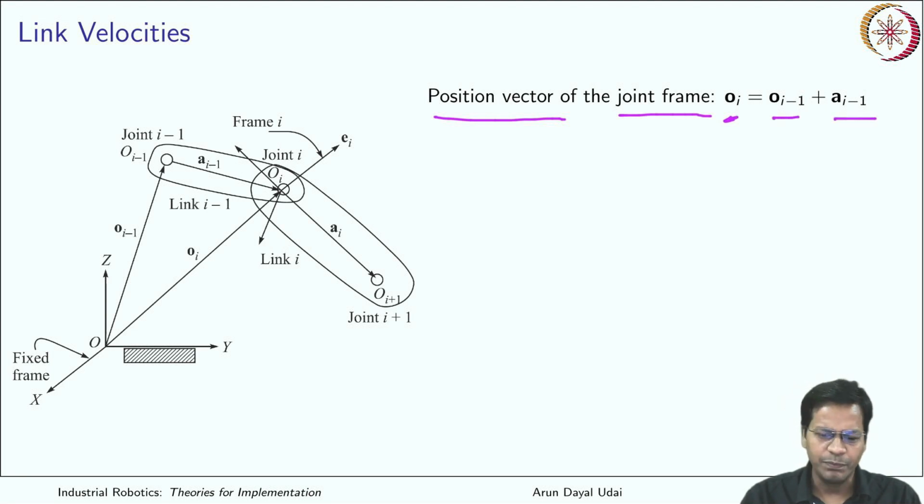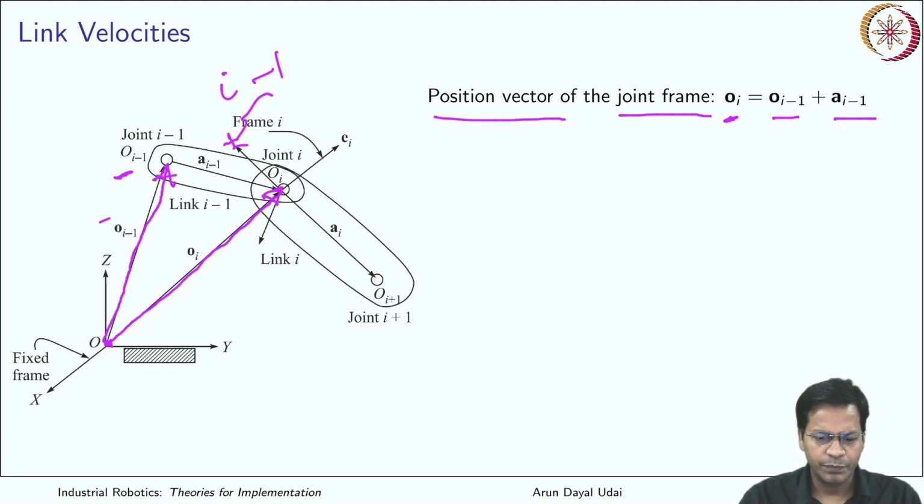What are these terms? Basically Oi is the joint i vector that takes you from the reference frame O to Oi, that is the ith joint, and this is your link i minus 1 which is here. Okay, and you have another frame Oi-1, so you can draw this vector now. So it is like this.